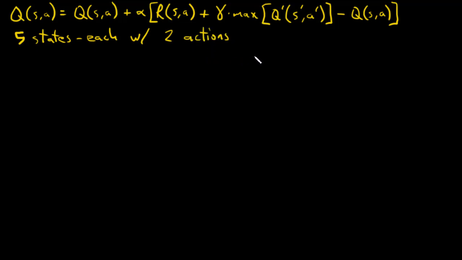In our case, we're going to say let A equals 0 mean go left, and A equals 1, go right. Okay? So if it's a 0, we go left. If it's 1, we go right.